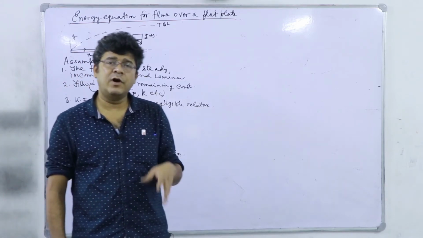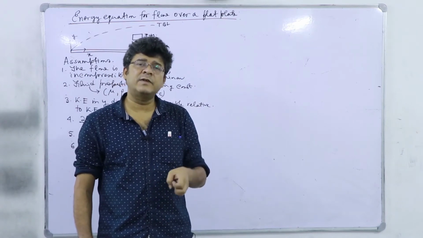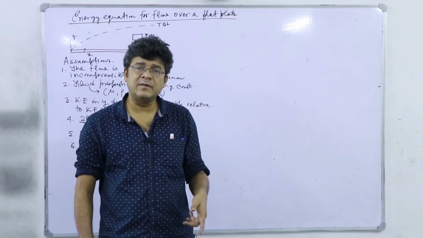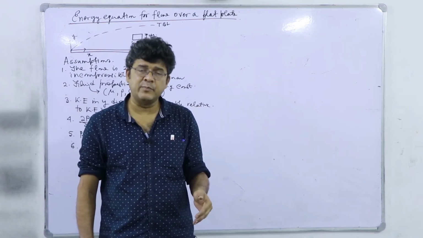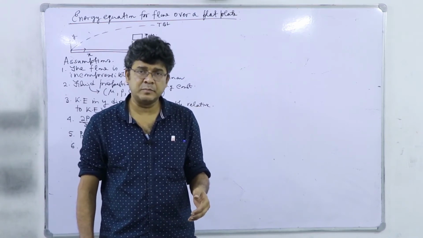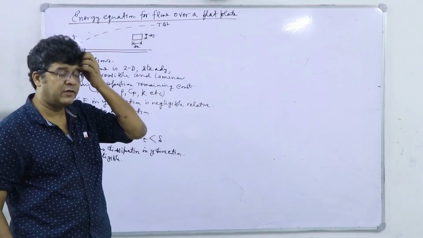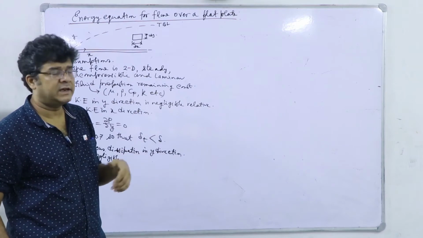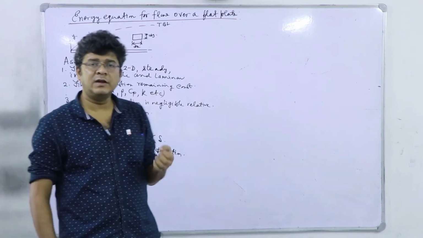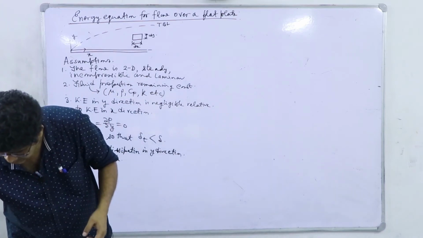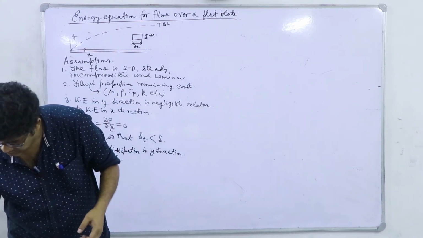Any work against any non-conservative force field finally appears as thermal energy. So that is definitely going to change the temperature or the thermal state of that system. That process of energy generation because of work being done against friction is called viscous dissipation. So that's more or less the assumptions here.